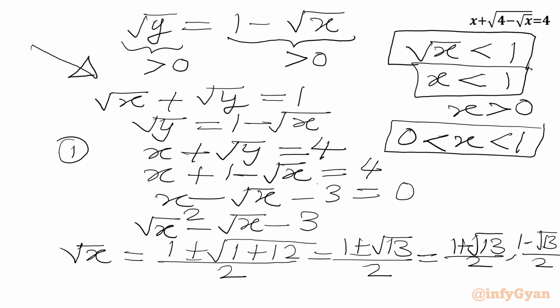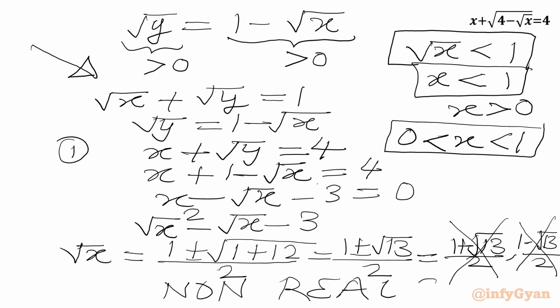The value will be more than 1, so we will reject this. Here 1 minus root 13 is negative, so we are going to get non-real or imaginary solutions. So the only real solution will be 9 minus root 17 over 2.